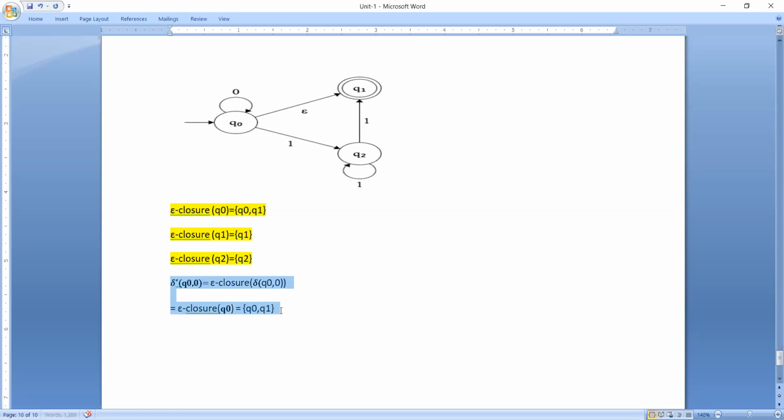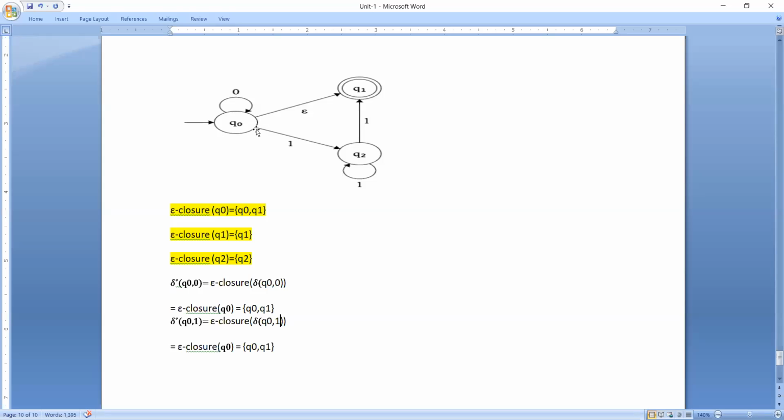Now for the same state, what do we have to do? We need to find out on input symbol 1, q naught on 1. So epsilon closure of q naught on 1. So what is q naught on 1?